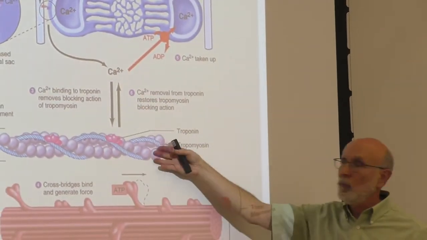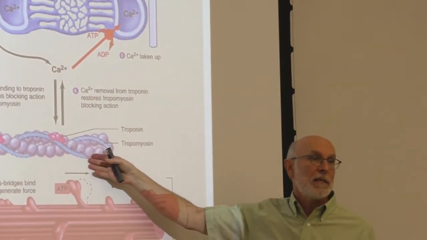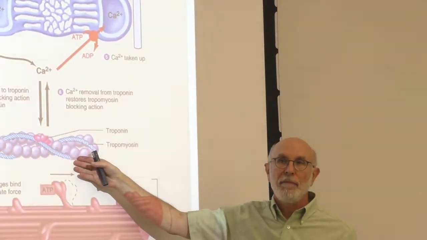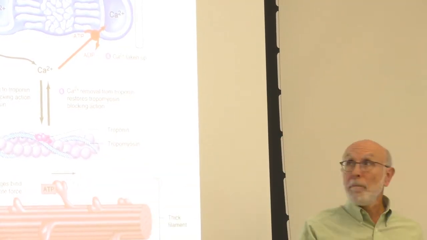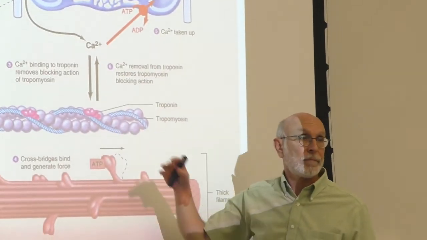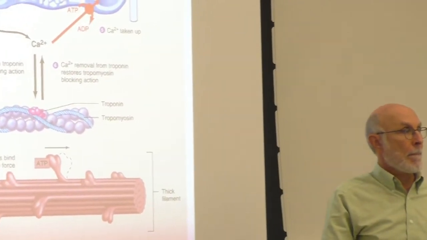And now we're off and running with the contractile mechanism that I told you about in the previous slide, which I don't have to review because you know it. More calcium, more contraction. At the end of a contraction, we need to relax.